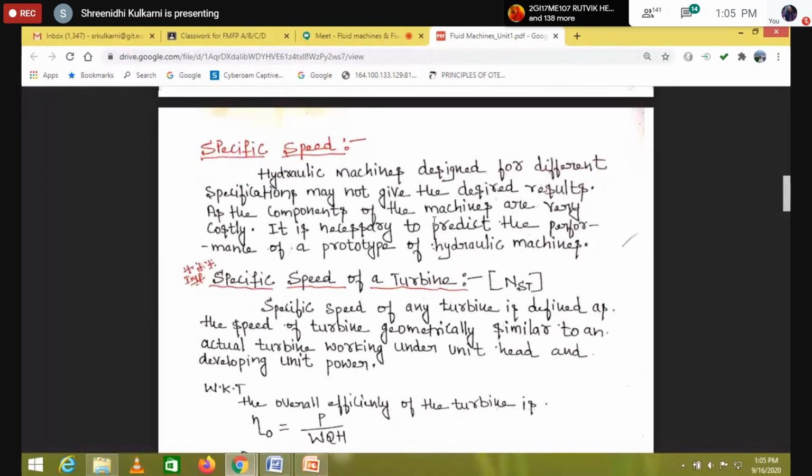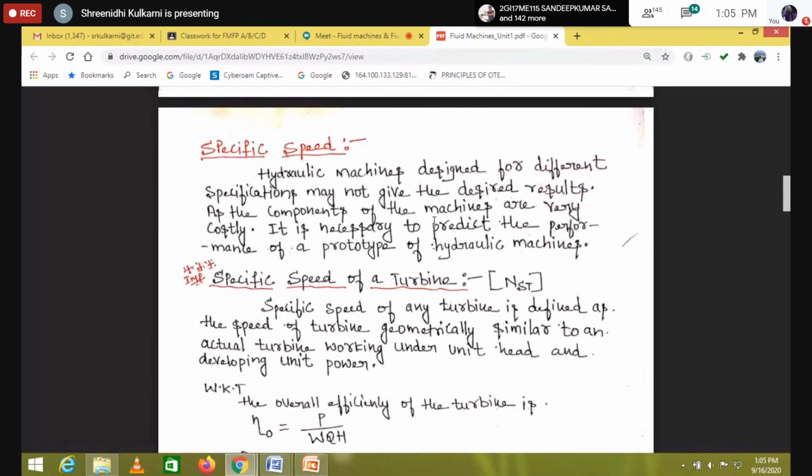Incompressible flow means, if you consider the hydraulic machines, we are using water. That's why this is a dimensionless term and the parameter of greatest importance in incompressible flow machines. The specific speed is the only non-dimensional parameter that does not contain the linear dimension of the runner wheel.